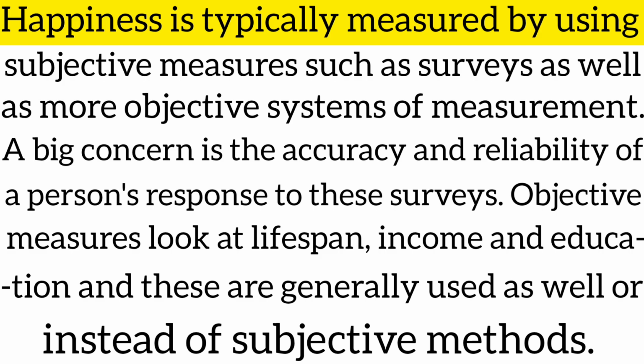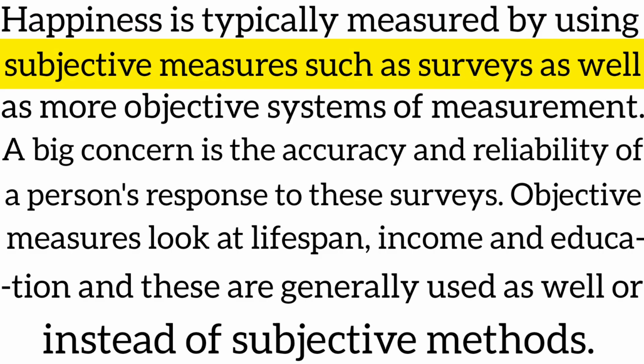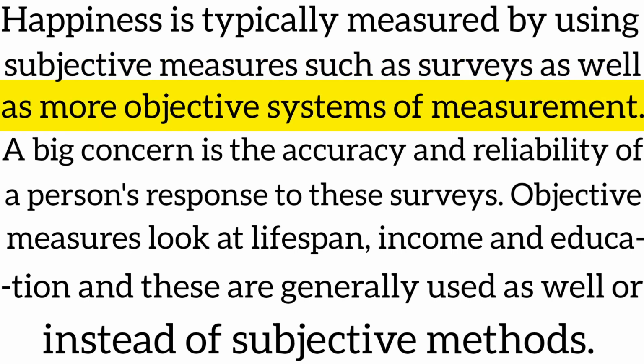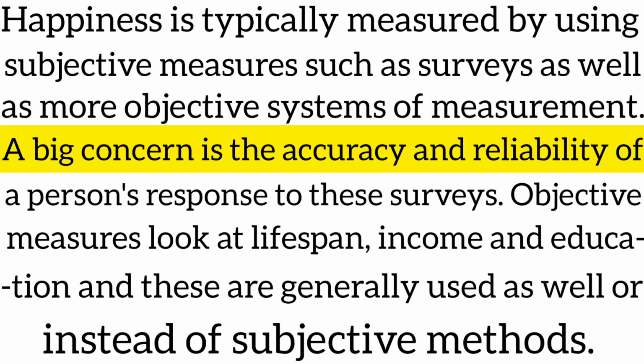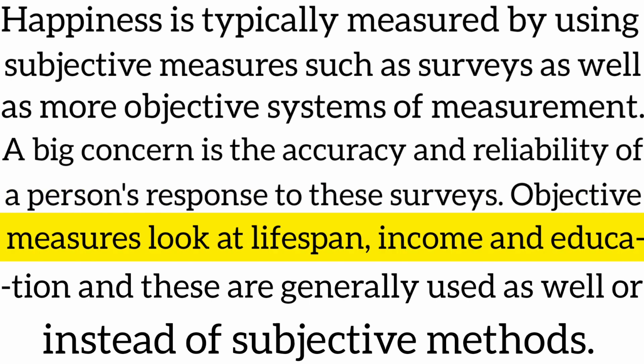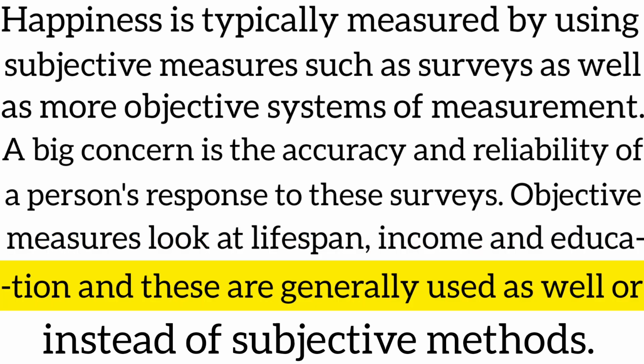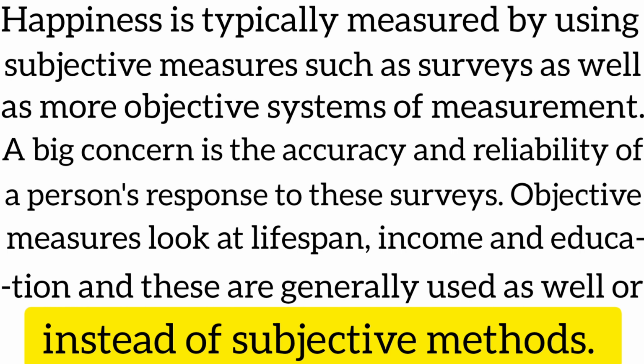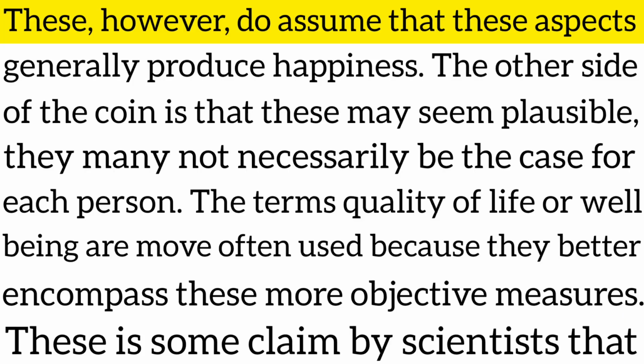Happiness is typically measured by using subjective measures such as surveys as well as more objective systems of measurement. A big concern is the accuracy and reliability of a person's response to these surveys. Objective measures look at lifespan, income, and education, and these are generally used as well as or instead of subjective methods.